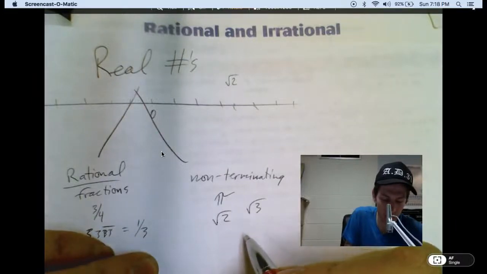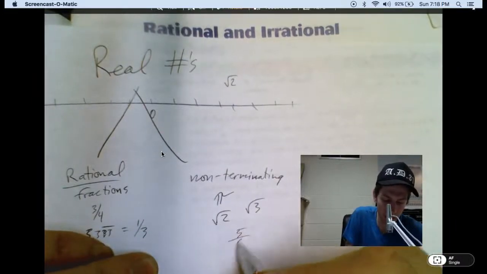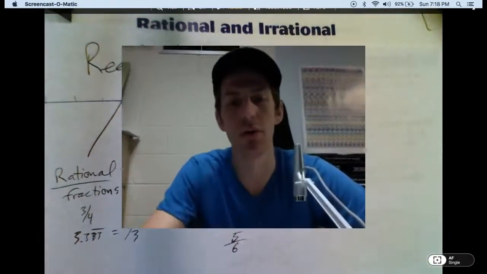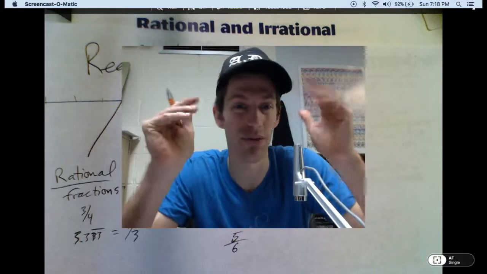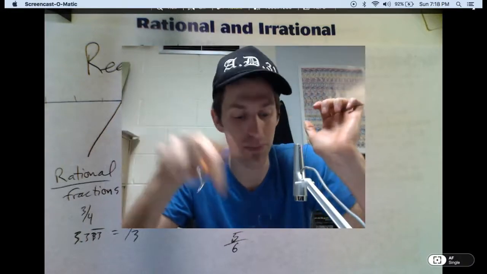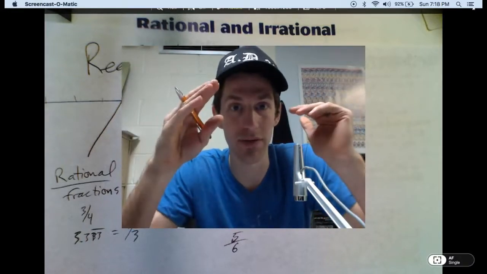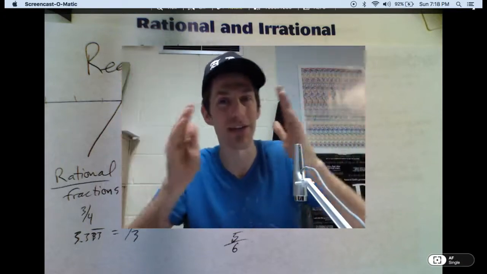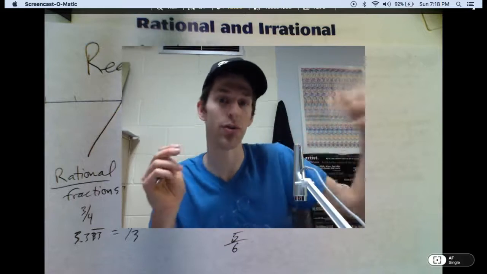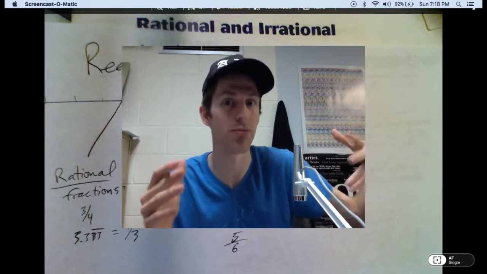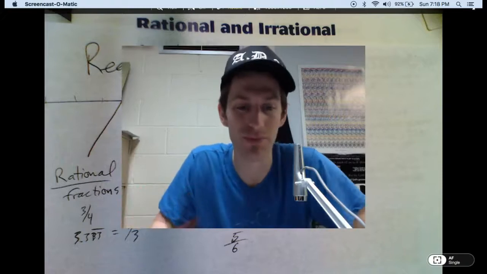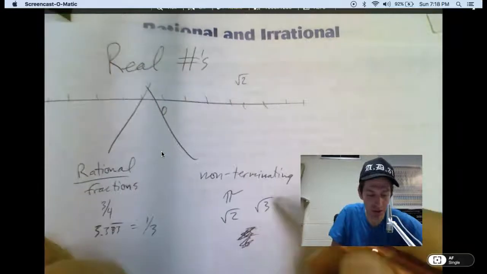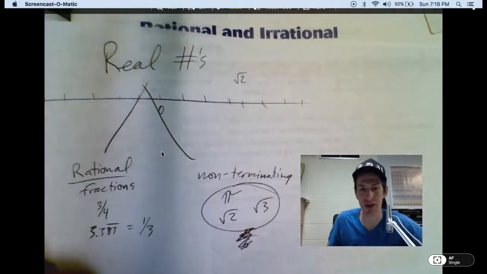If you did 5 divided by 6 on your calculator, it might fill up your whole screen with digits. But because it's 5 divided by 6 written as a fraction, you know at some point it's going to end, or it's going to have a pattern that goes on forever. It would be a rational number. So you will not see any fractions on the irrational side.